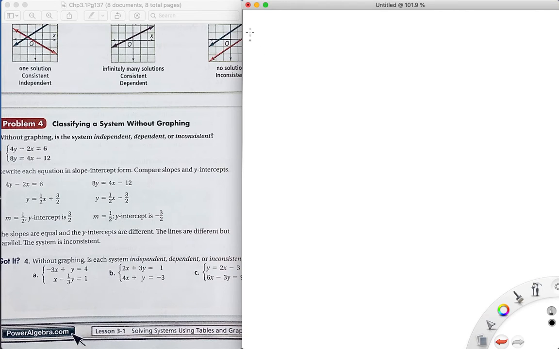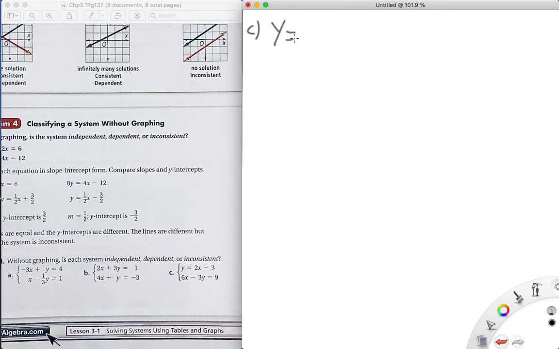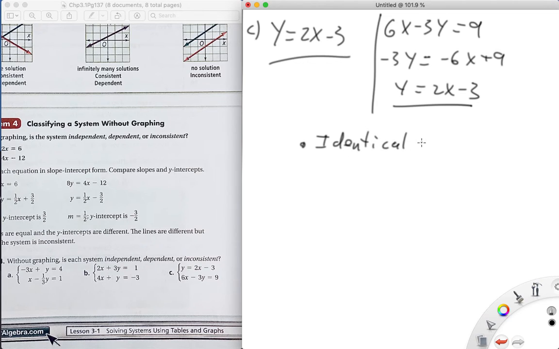And then lastly, we have y equals 2x minus 3. It's already in slope-intercept form. We have 6x minus 3y equals 9. Subtract 6x, so negative 3y equals negative 6x plus 9, divided by negative 3, y equals 2x minus 3. Notice that this equation and this equation are the same, so we have identical equations.